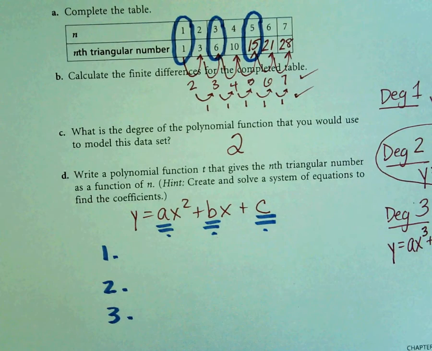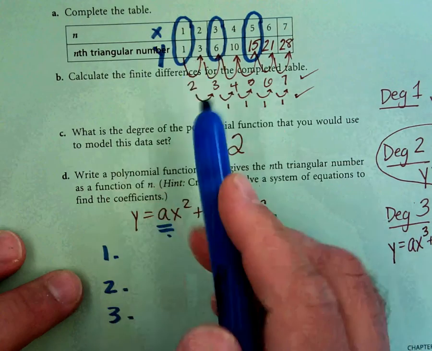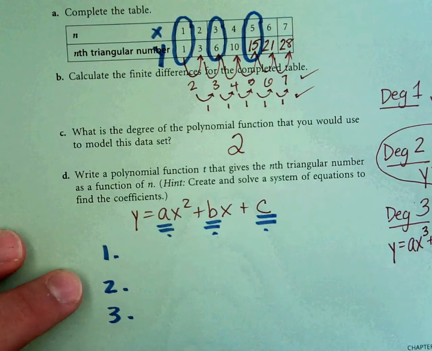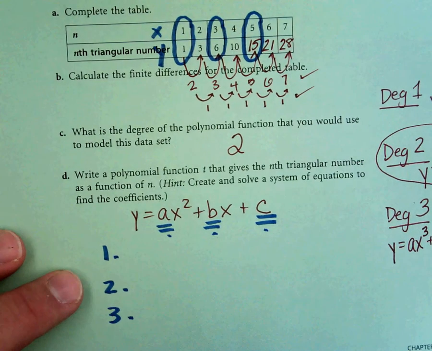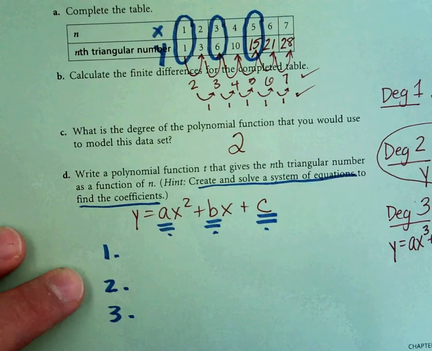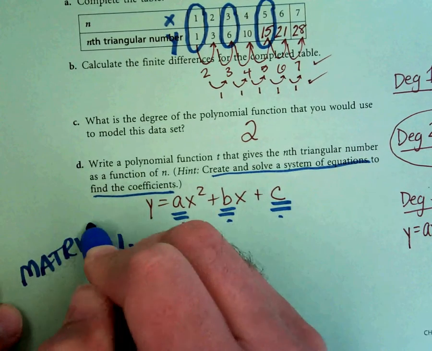So we're going to take 1, 3, and 5 as our x's, and 1, 6, and 15 as our y's, and we're going to set up a system of equations like it says in the hint right here. And we're going to use matrices to solve.